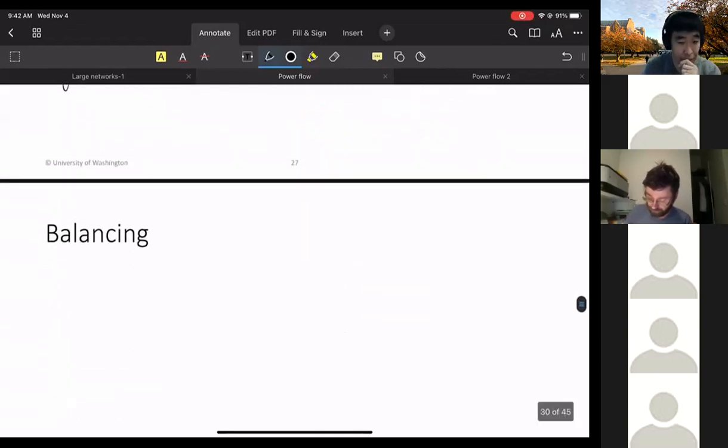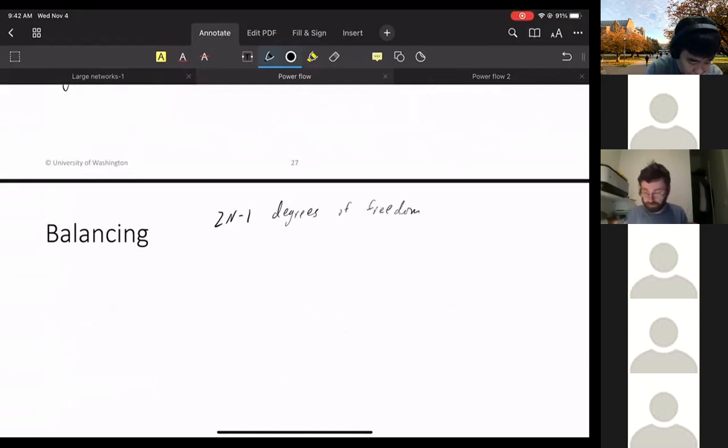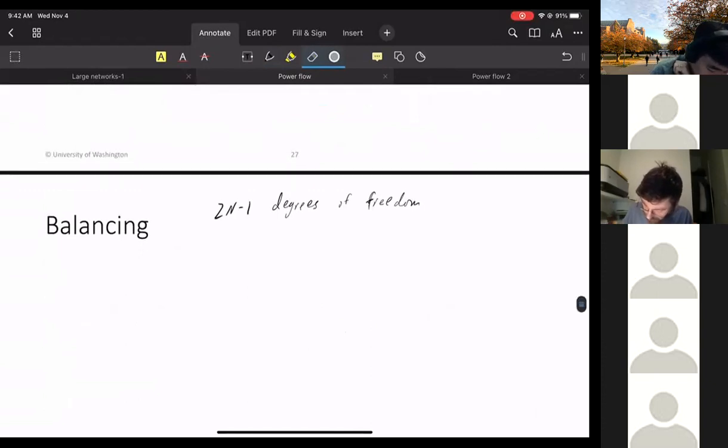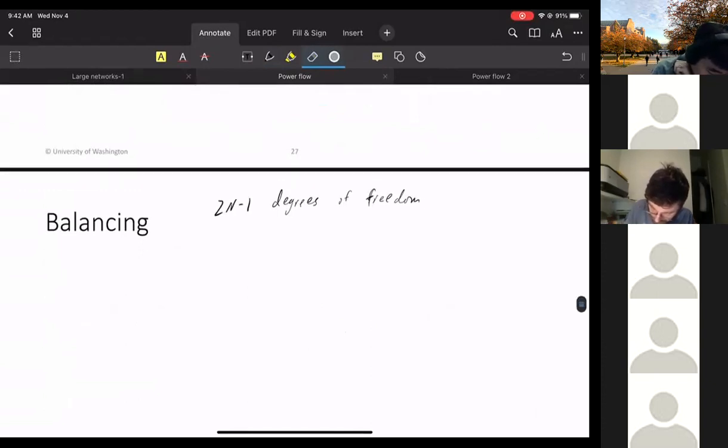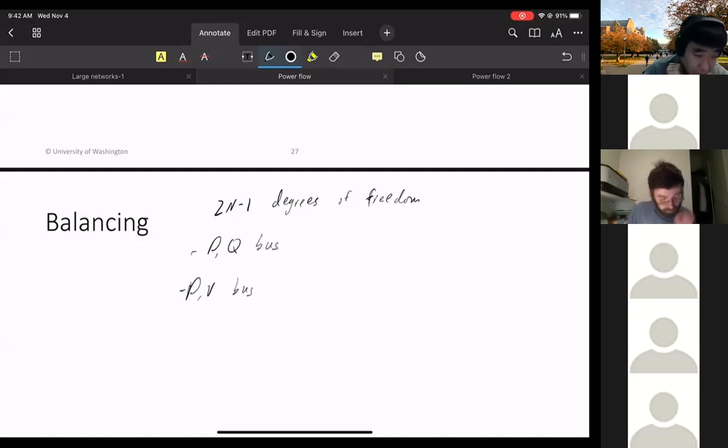So this comes to an interesting question. Remember we have 2n minus 1 degrees of freedom. But the problem is, I have PQ buses or PV buses, and for each PQ and PV bus, I give you 2 pieces of information, 2 numbers I can specify.